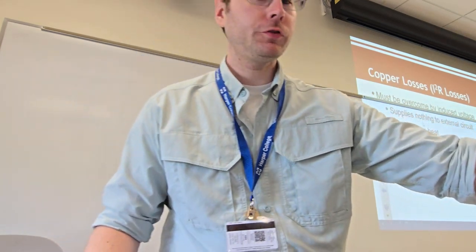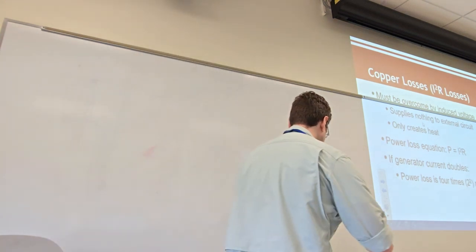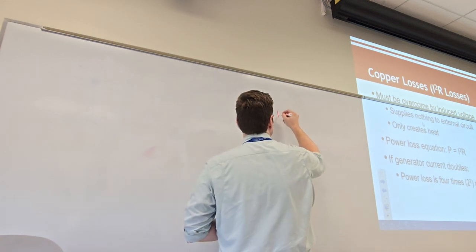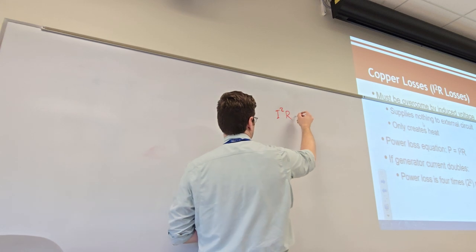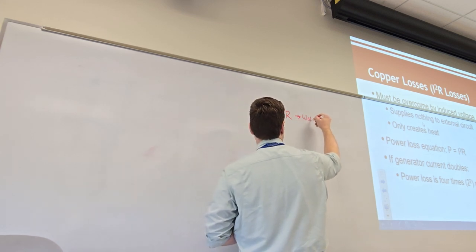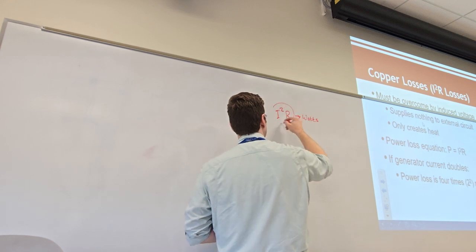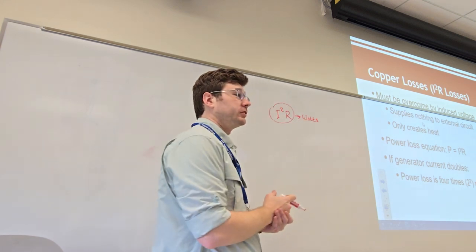Okay, so I think this is the first time that we've ever actually mentioned this explicitly, although I had told you to write this down before. With this equation, I squared R, where this gets us watts. This equation is really important when we're talking about losses in a system.